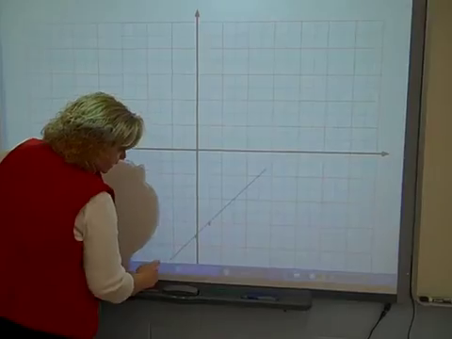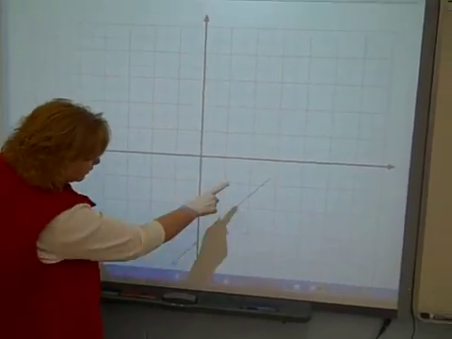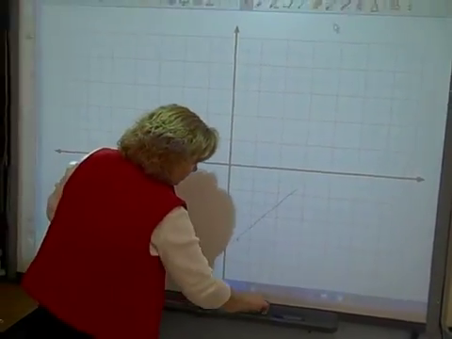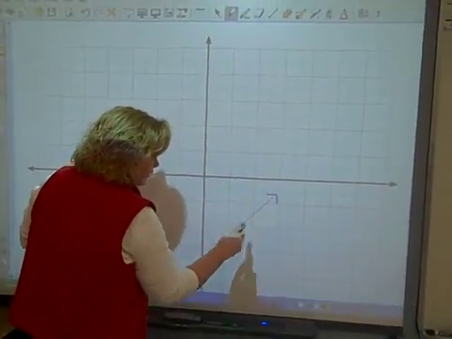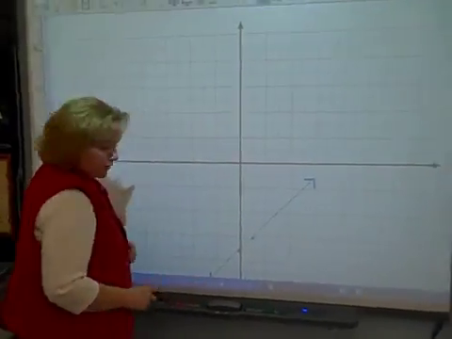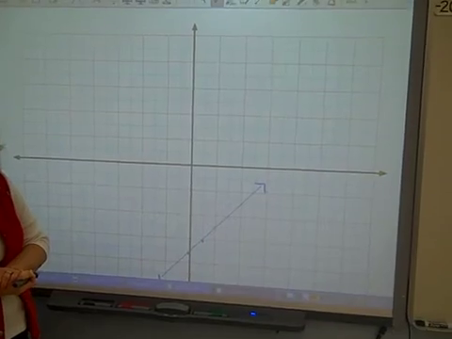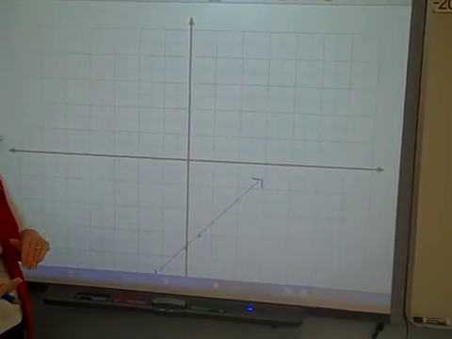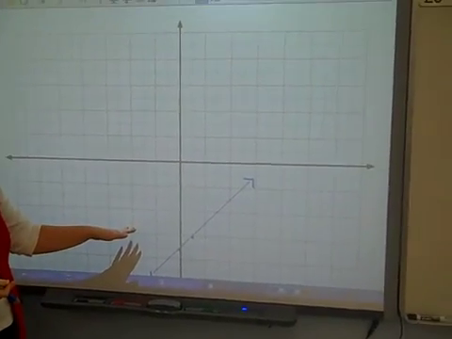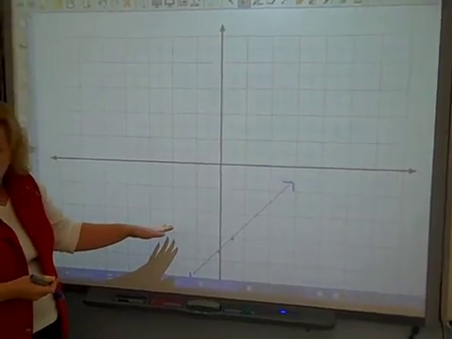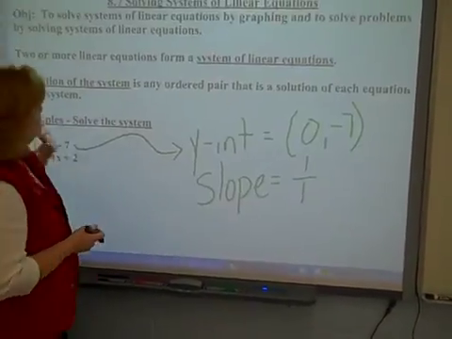It should look something like that. There are arrows on the end of it, you just can't see them. Make sure yours has arrows. Then you're going to graph the second line. Everyone have this done? Okay, go back.